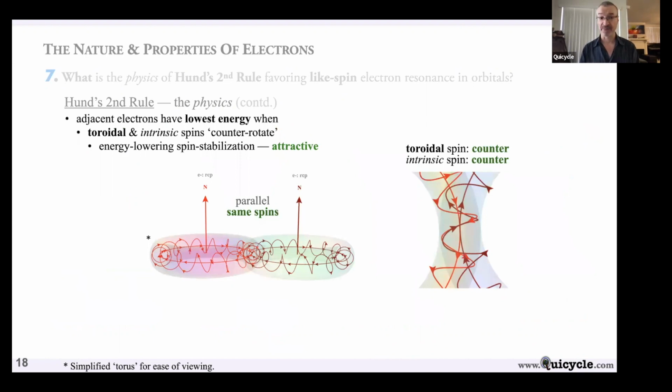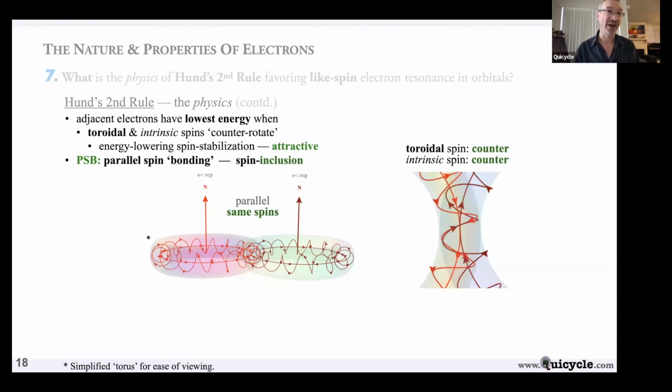So to summarize, Hund's second rule, when adjacent electrons have the same energy and the same intrinsic spin, we're going to find that toroidal and their intrinsic spins are going to be counter-rotating, which is going to create this lower energy condition. John and I like to call this parallel spin bonding.